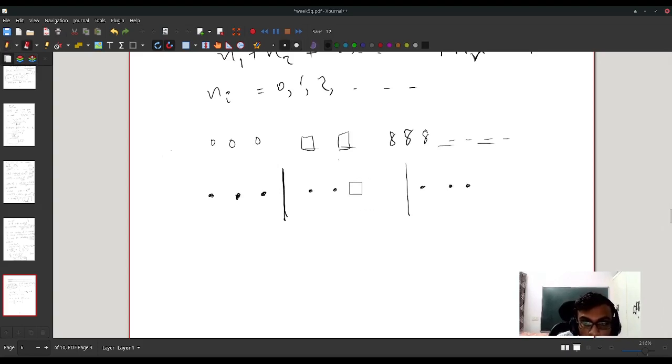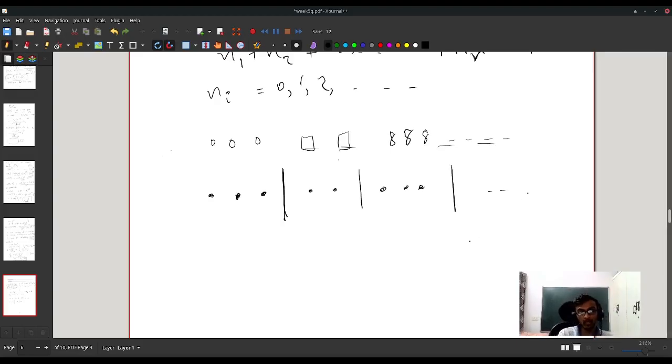Sorry, this is not exactly corresponding to the above picture. From this picture, it is understood that there are 3 oranges, 2 apples, 3 mangoes, and so on.